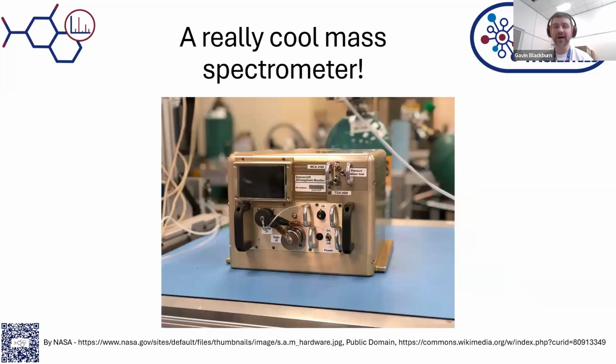There's also this, to me at least, a really cool mass spectrometer. This mass spectrometer is on the International Space Station, and it is a really small GCMS that's there to monitor air quality. When they originally set up the ISS, they had to go up and take samples and bring them back and analyze them in labs on Earth to be able to monitor air quality.